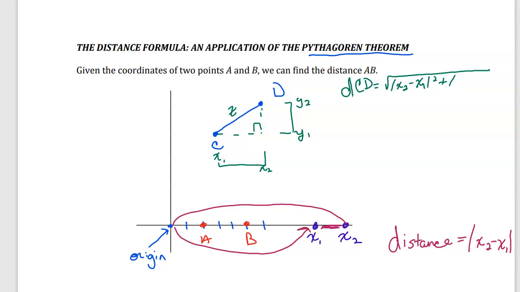So plus y2 minus y1, squared. Now again, it doesn't matter if I go x2 minus x1 or x1 minus x2. They're going to give me the same distance because I'm looking at absolute value. And that will give me the length from here to here.